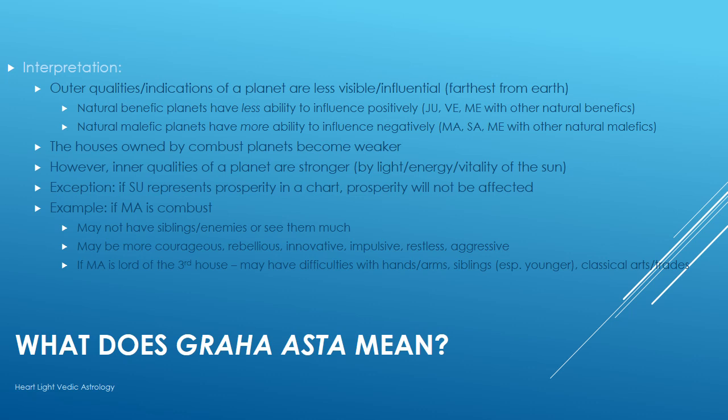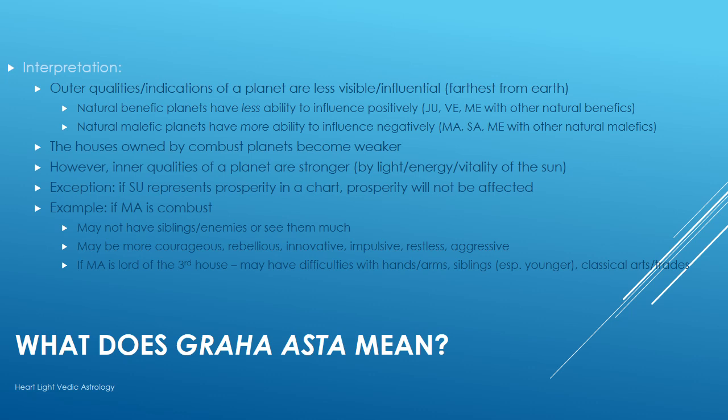So the sun is considered a planet of prosperity, and it's combusting Mars or Saturn, and maybe Mars and Saturn are also related to prosperity, so you're thinking, well, Mars and Saturn are prosperity, and these planets are combust, so there goes prosperity.